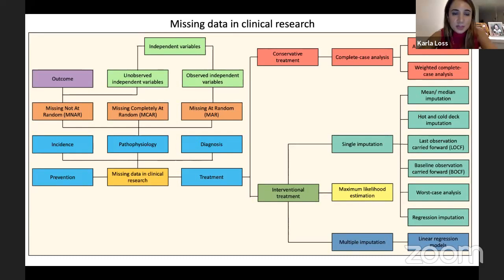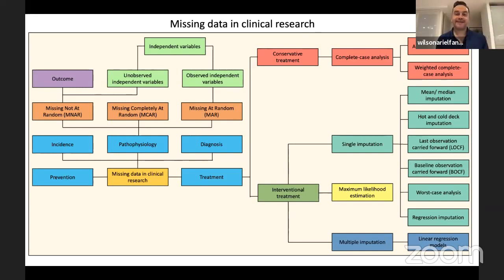Wilson, I guess it's important to say that the assumption for all these treatments is that the missing data was at random. And that's why you started by saying that if it is not completely at random, there is nothing to do. Your result will be biased. So prevention is a fundamental strategy to have. But when you plan this missing data strategy, you must keep in mind that your main assumption is that the missing was at random.